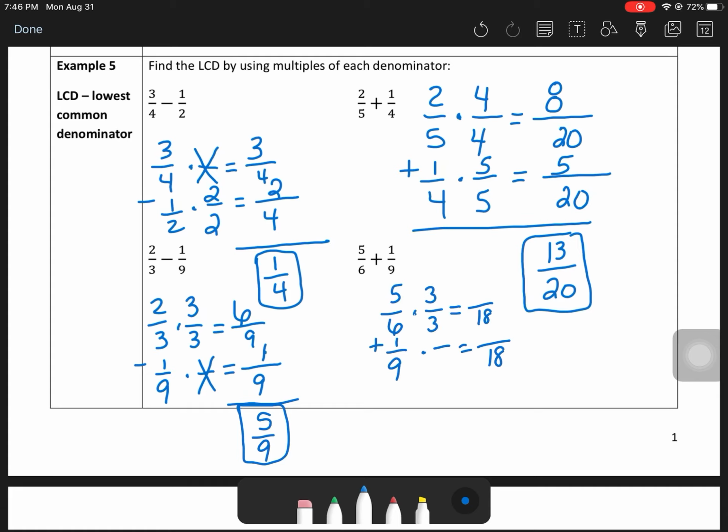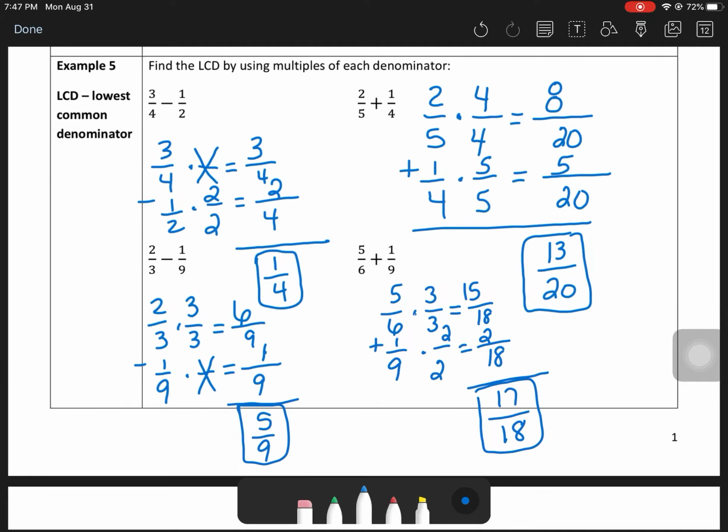And if I multiply the bottom by that number, I have to multiply the top by that number. For 1/9, I would multiply 2 times 9 to get 18. And if I multiply the bottom by 2, I multiply the top by 2. So when we're adding those together, 15 plus 2 is 17 over our whole, which is 18. 17/18.